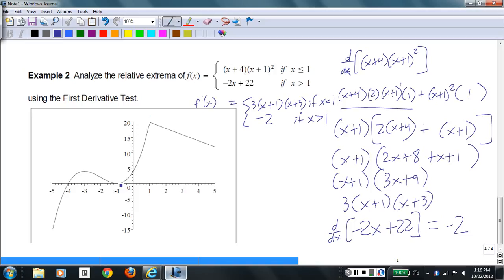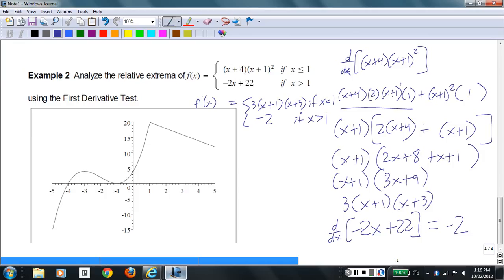As x approaches 1 from the left and as x approaches 1 from the right, the limit of f prime as x approaches 1 from the left needs to equal the limit of f prime as x approaches 1 from the right. They need to be approaching the same amount of steepness, so that when they fit together, they'll have the same slope, like that.